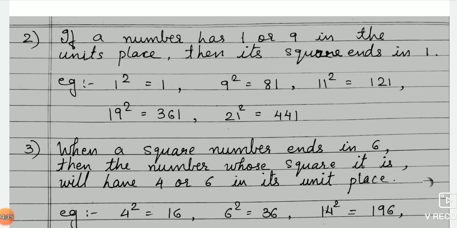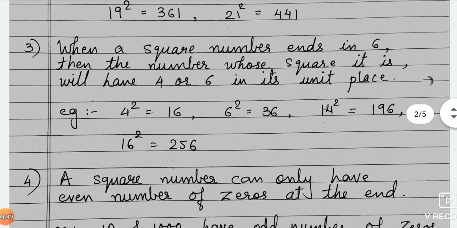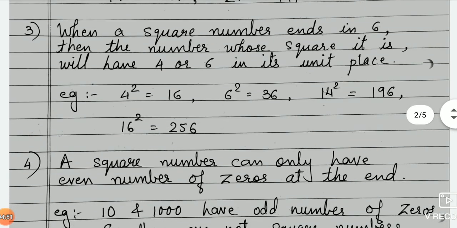In each of these numbers, the perfect square will end in 1 in units place. Now our next property, that is number 3. When a square number ends in 6, then the number whose square it is will have 4 or 6 in its unit place. Why? Same as we saw in property number 2. 4 4s are 16 and 6 6s are 36.